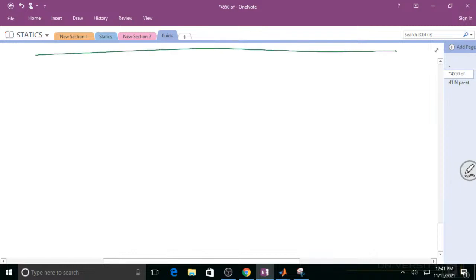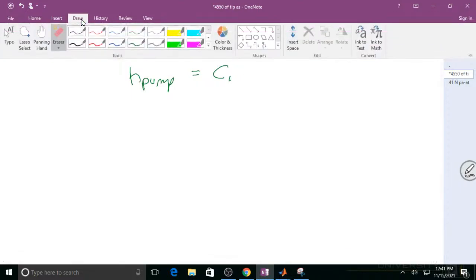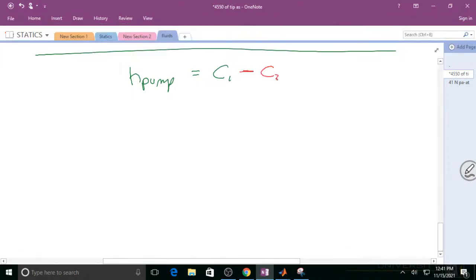I'll set the pump up, head supplied by the pump, as being C1 minus, and I wrote a plus, minus C2 times the flow rate. So what I'll do for a group of pumps is I'll find this number.